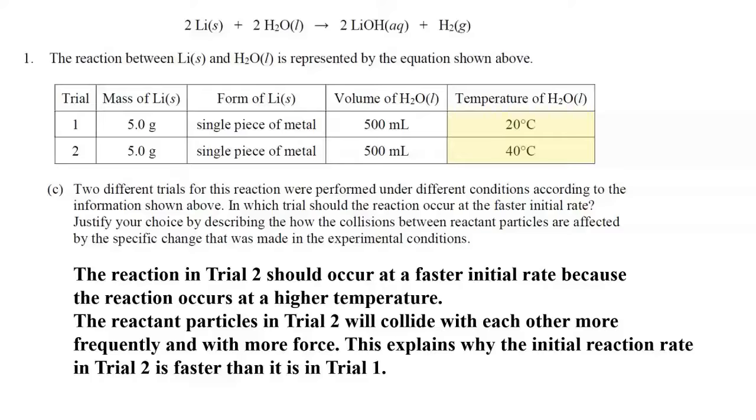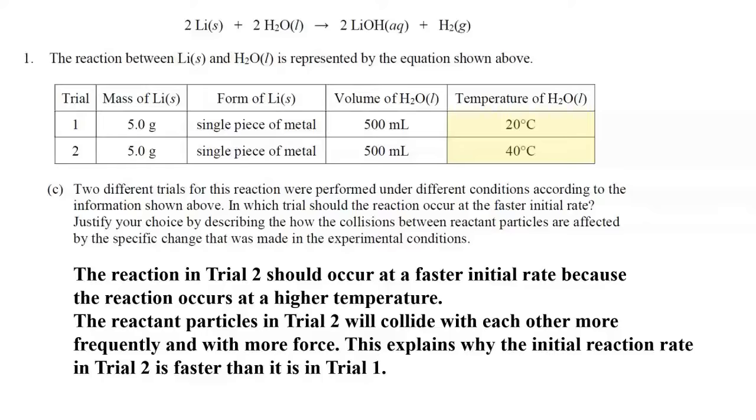Now, before I move on to question 2, some of you might be asking the question about activation energy at this point. In other words, do I have to mention that at a higher temperature, a greater fraction of the collisions will have enough energy to overcome the activation energy? In this particular question, there was no mention of activation energy specifically, so I didn't include that in my explanation.